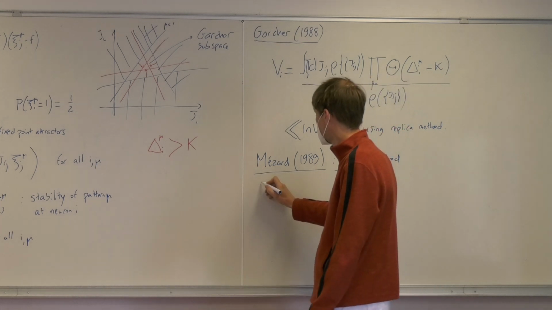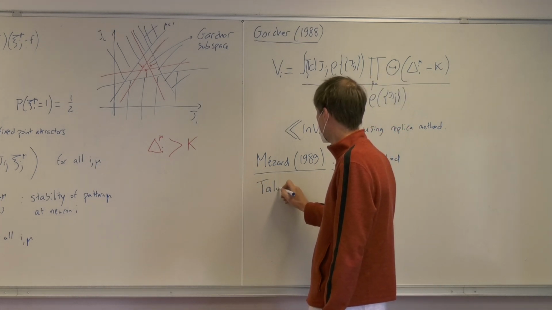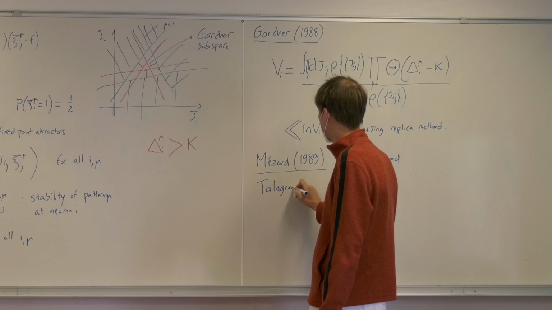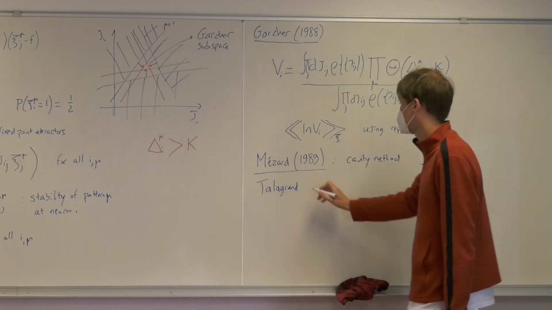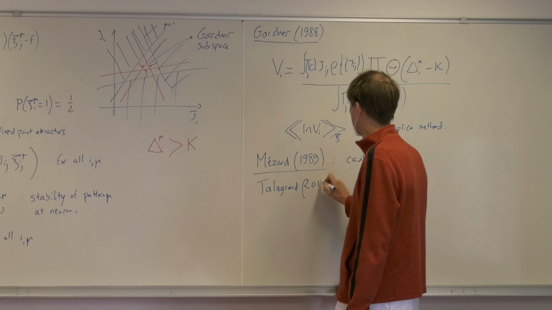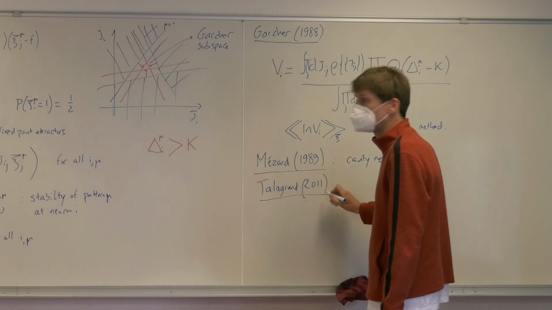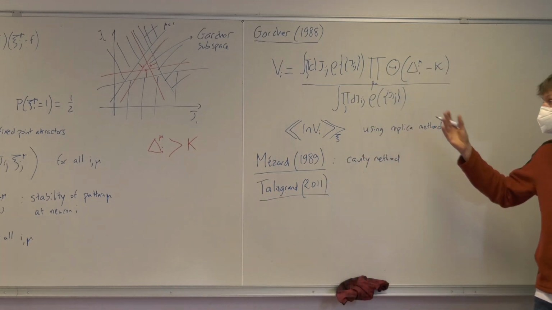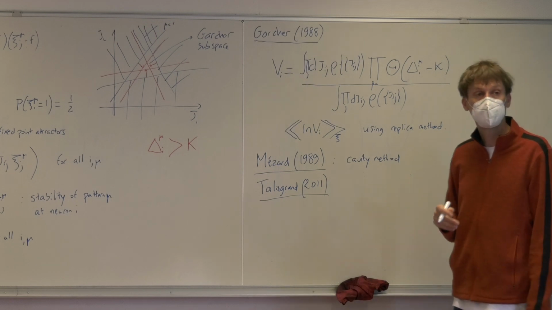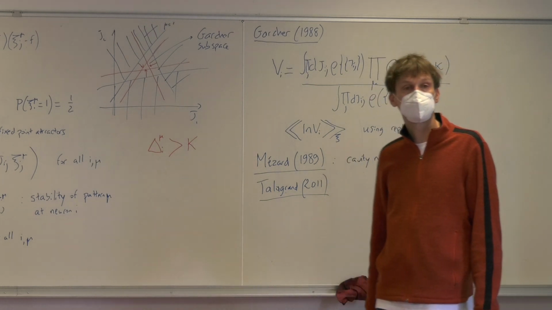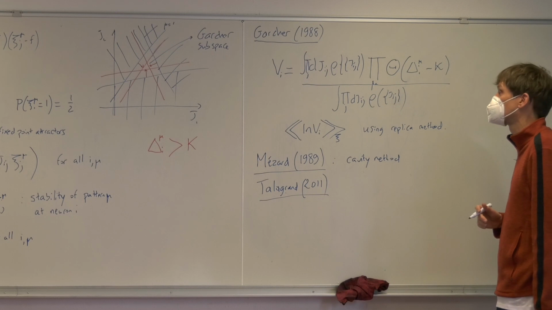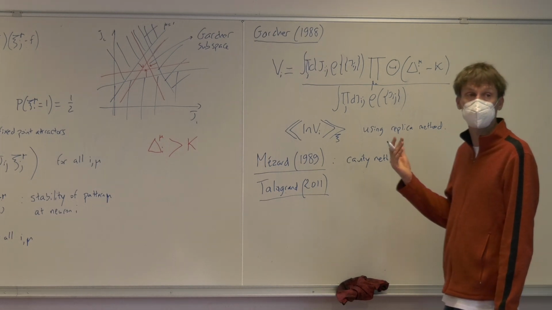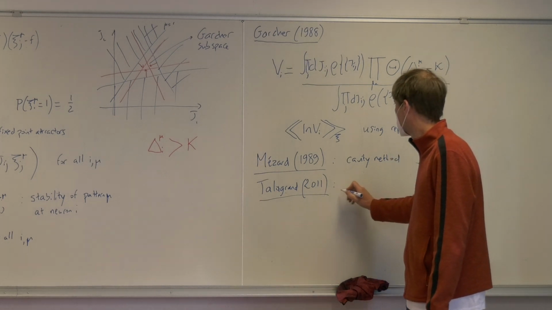And finally, in 2011, a mathematician called Talagrand actually proved rigorously that the formulas that Elizabeth Gardner derived are exact. So that was the rigorous proof that the calculations by Gardner give the correct result.